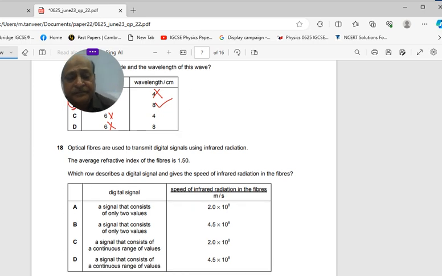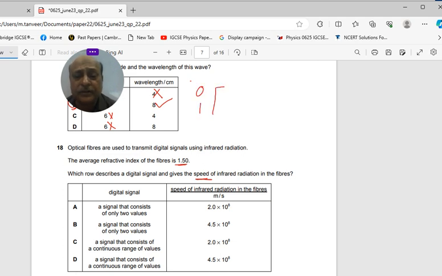Question number 18. An optical fiber is used to transmit digital signals using infrared. The average refractive index is 1.50. Which row describes the digital signal and gives the speed of infrared radiation in the fiber? A digital signal has only two values, 0 and 1.